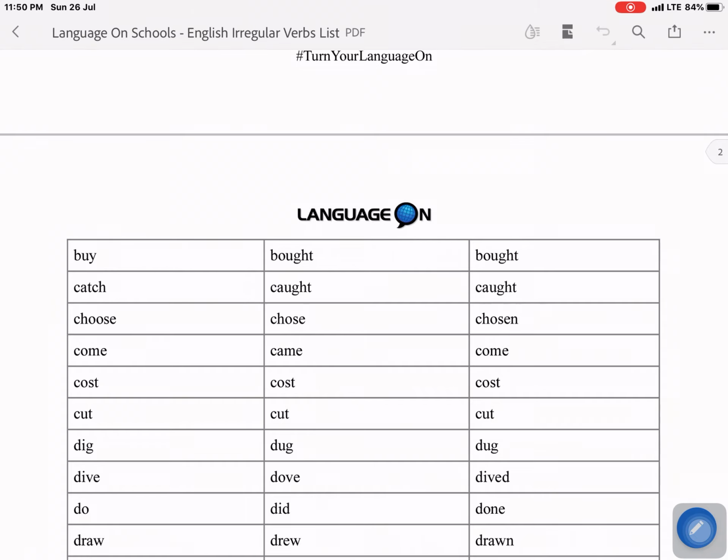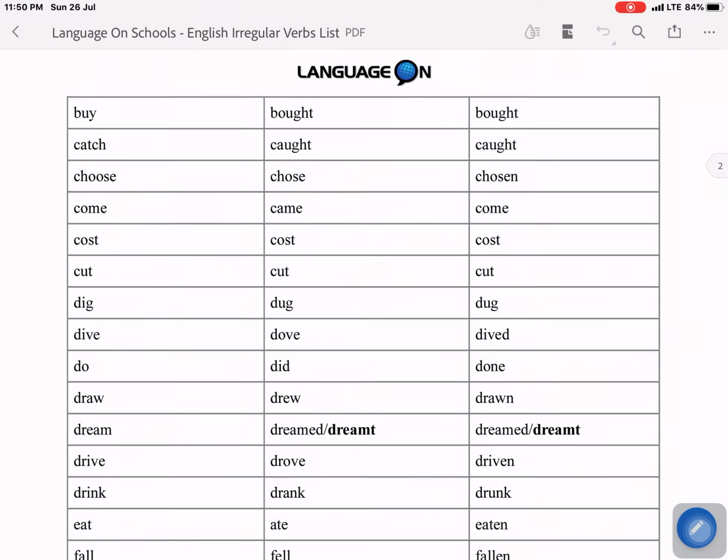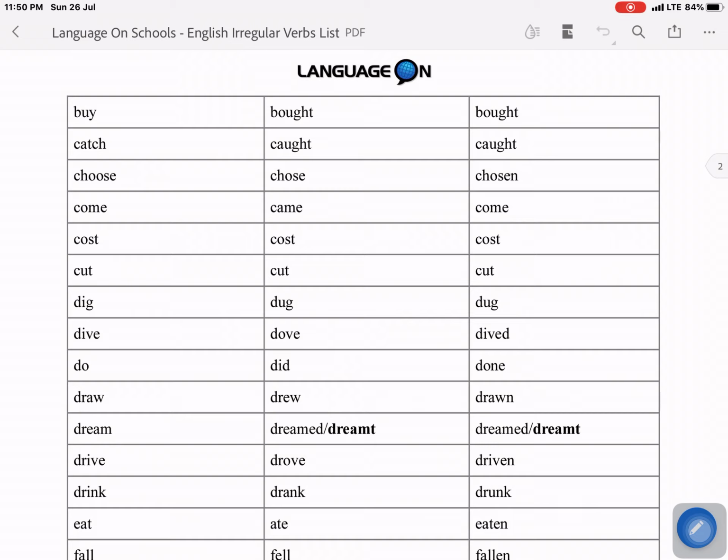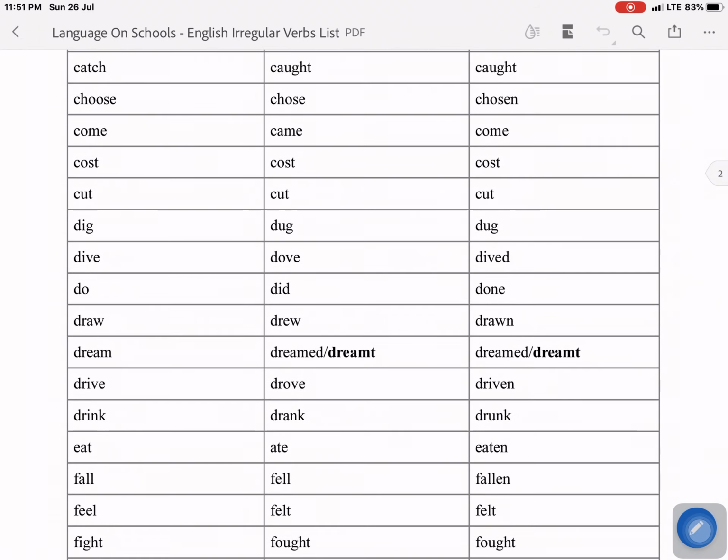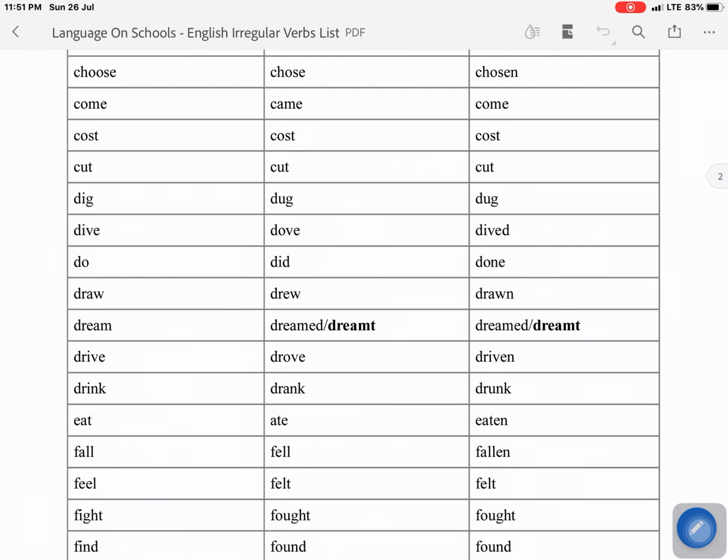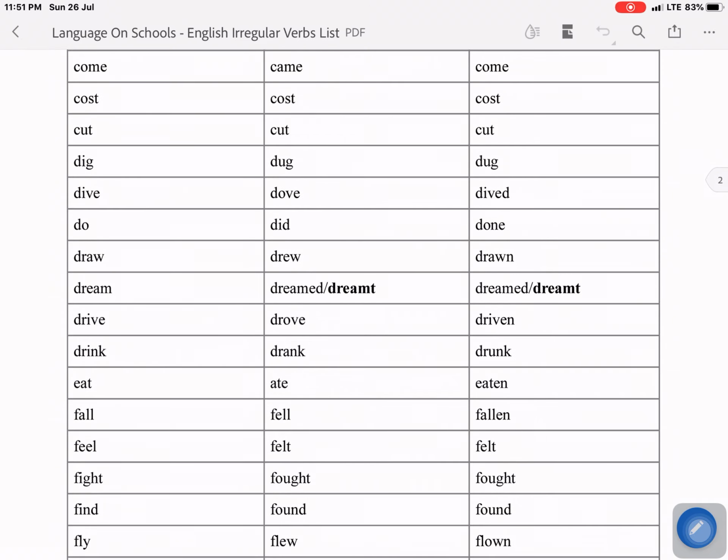You need to see it very carefully, such verbs. Dig, dug, digging. Again, the spelling of digging has a double g. And see the conjugation of dive, do, draw, dream, drive, eat, fall. The V2 of fall is fell, and V3 is fallen, and V1 ing will be falling.